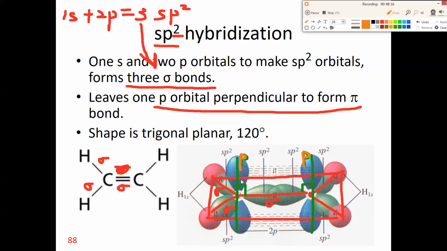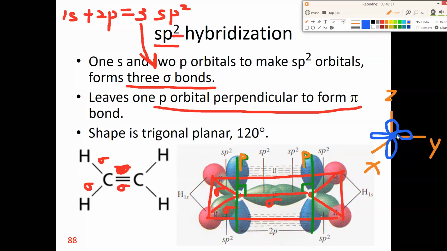Remember we talked about p orbitals x, y, z. P orbitals are always located on x, y, z, which are perpendicular to each other, so these are three p orbitals perpendicular to each other.